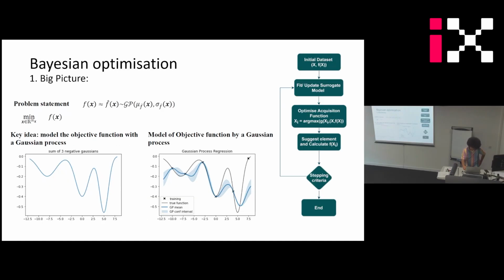Okay, so going back to what a Gaussian process is, here we're using it for Bayesian optimization. What we're trying to do is use the Gaussian process as a surrogate function, and that gives us the mean and the variance of the predictive function, and based on that we would need to optimize the acquisition function.